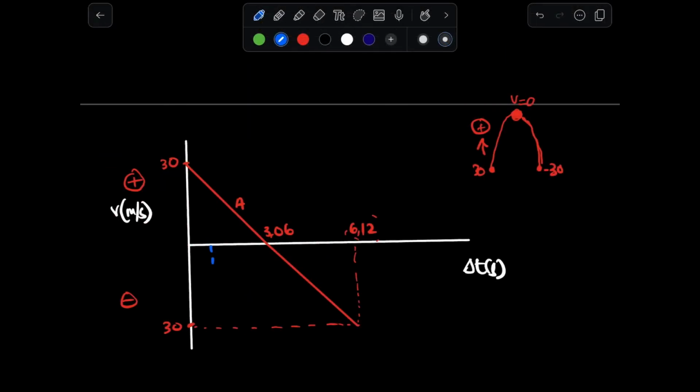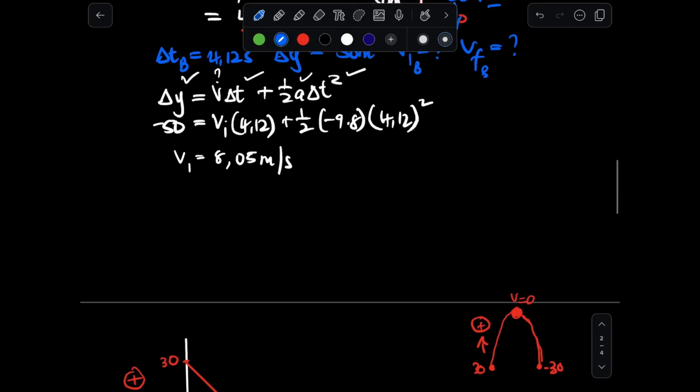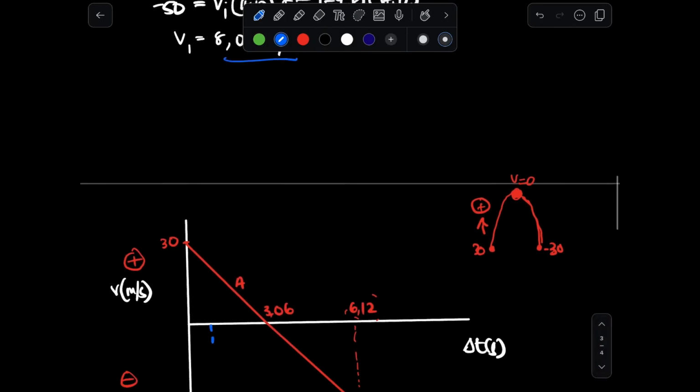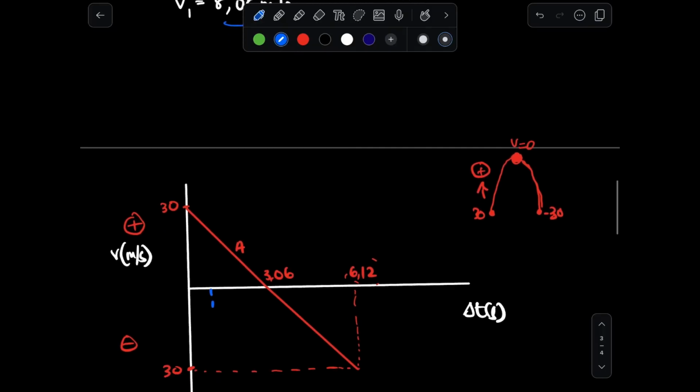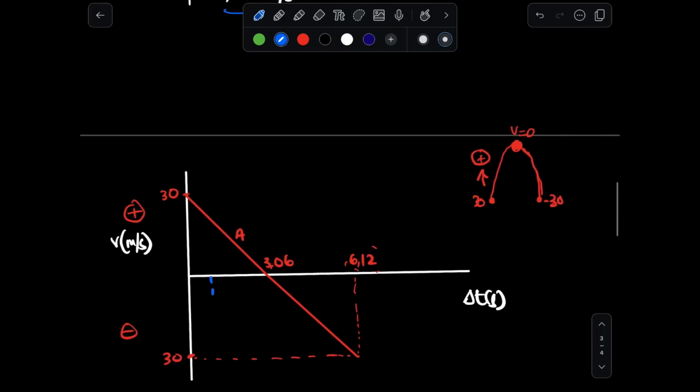The curve for ball B, the initial velocity we calculated in 3.3, it's this, it's 8.05, sorry, that's the initial for ball B. So let's say 8.05, it's going to be there, and they reach the ground.